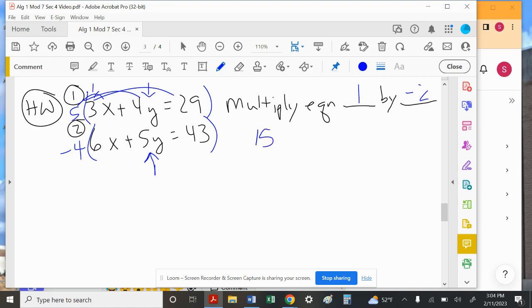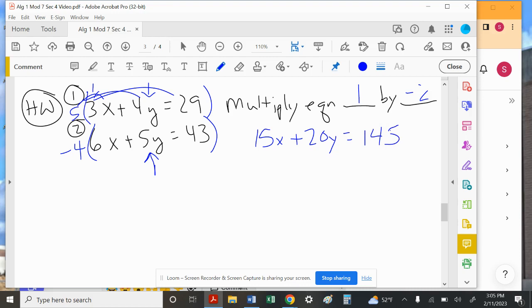So 15x, because 3 times 5, plus 20y equals, and 5 times 29, 5 times 30 is 150, and 29 is 1 less than, so 5 less than. So 5 times 30 is 150, so it'd be 145.